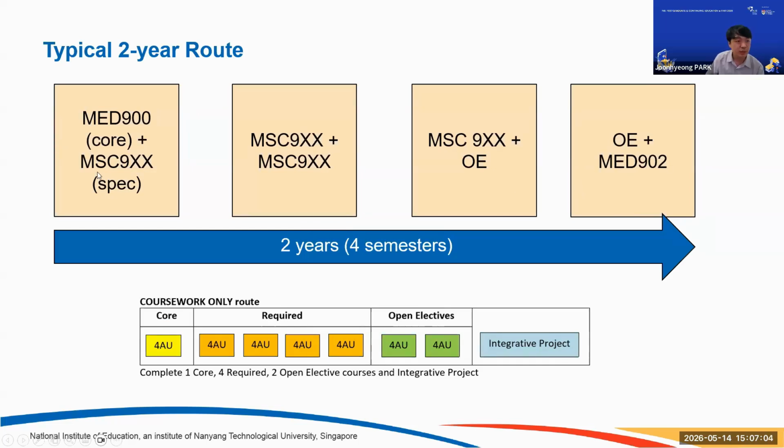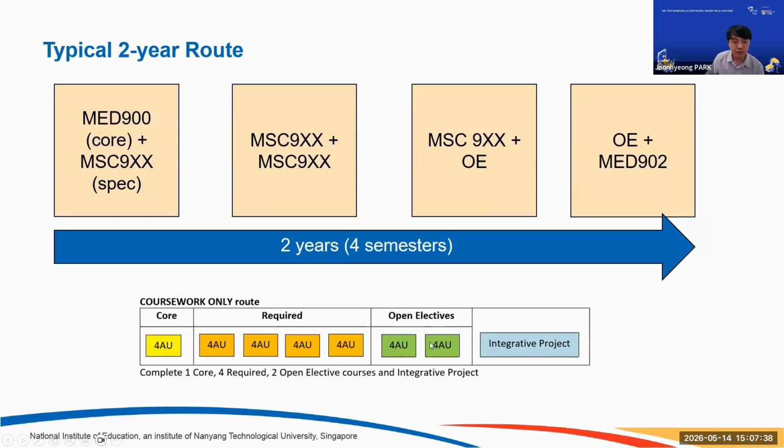For example, in semester one, you can complete one core course and one specialized course. Then in the second semester, you can complete two required courses. In the third semester, you can complete the remaining required specialization course and one course from another department.